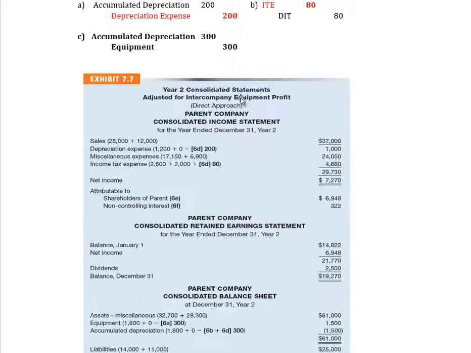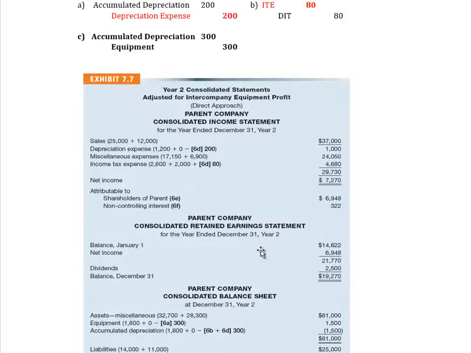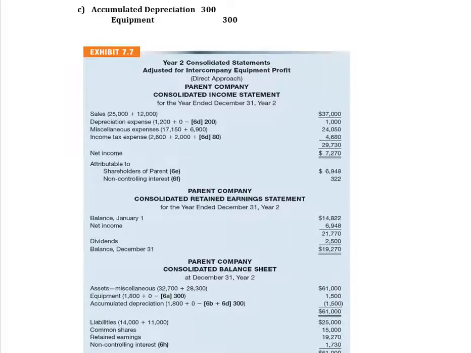We notice that on the income statement, we would have reduced the depreciation expense to take in the pre-tax gain of $200, and we would have also, where is that here? The accumulated depreciation.